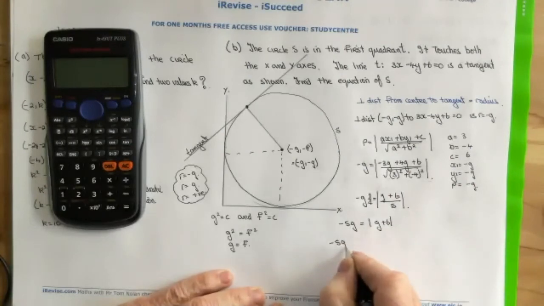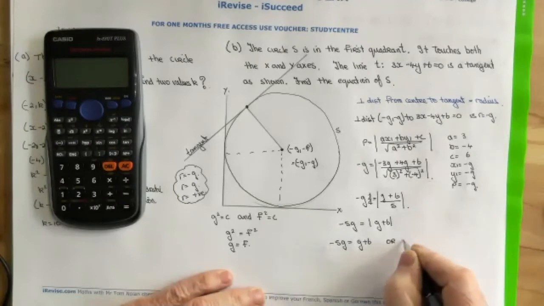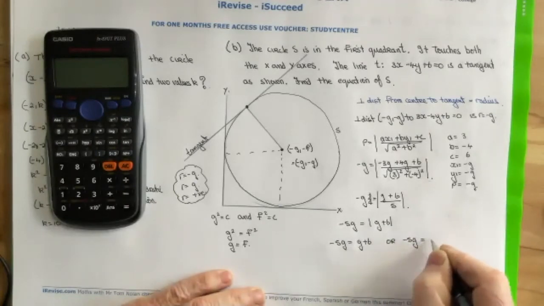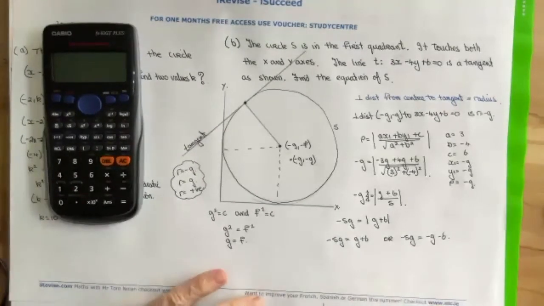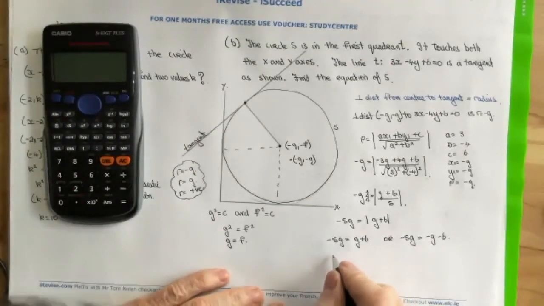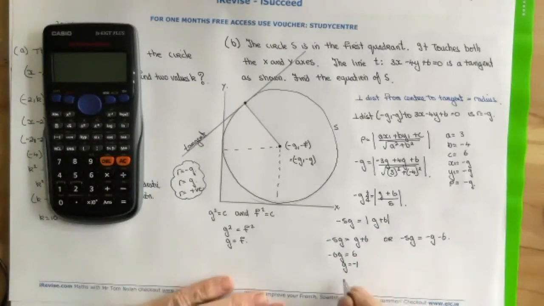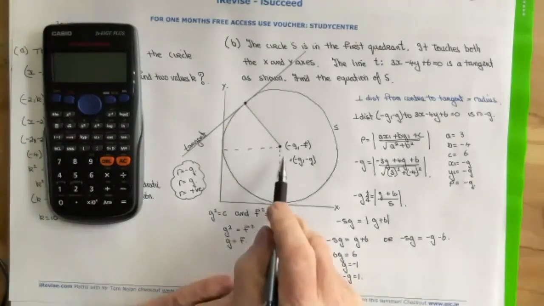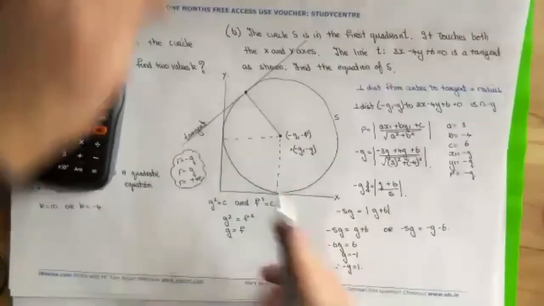So minus 5g is equal to g plus 6, or minus 5g is equal to minus g minus 6. Minus 6g is equal to 6, g is minus 1. So therefore minus g is 1, meaning that that value there would be 1. The center would be 1, 1.